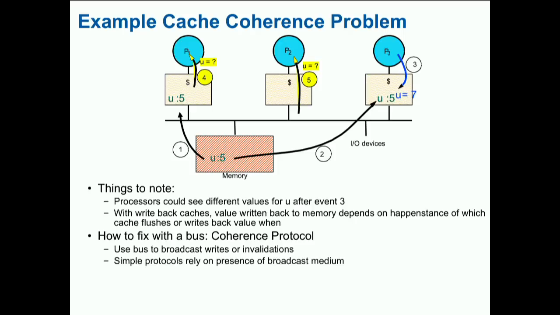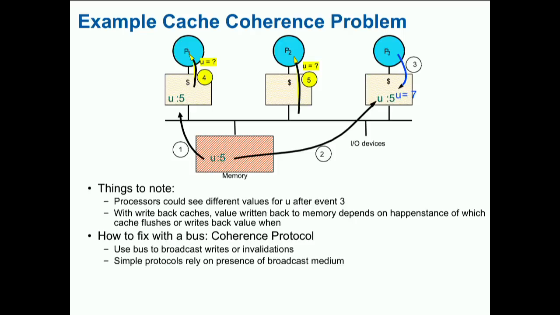Every time you update a value that is shared, that you know exists in more than one processor's cache, you try to propagate that to the other cache lines. That's basically what most of the protocols are doing.